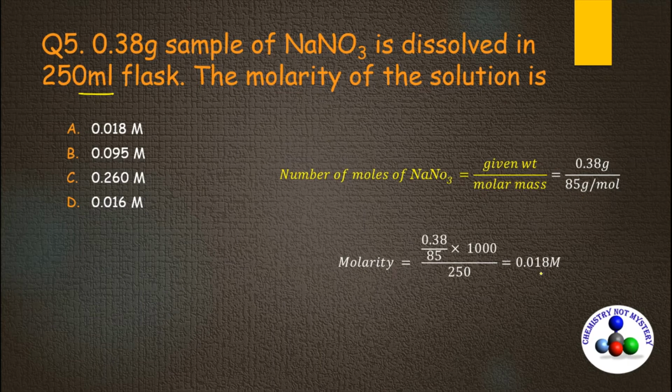It comes out to be 85 grams per mole. Now simply place the values in the formula and you will get the molarity. But remember here volume is given in ml, so first you have to convert it into liter, then solve the question. Let's come to the next question.